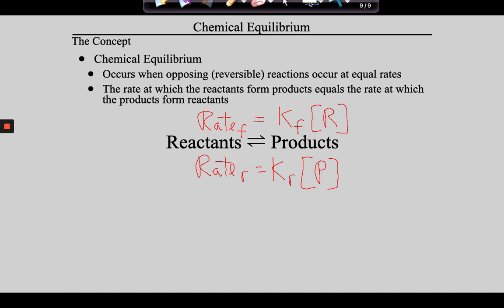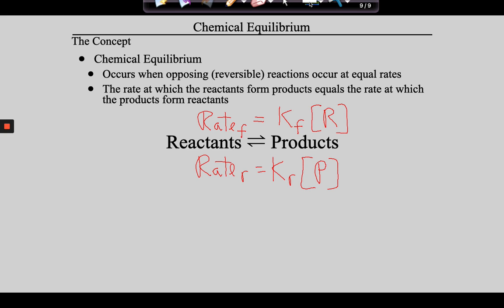For our reverse value, we have a smaller K value, but a larger concentration, and the product of this is equal. So guys, the product of this is equal to the product of that. Does that make sense? And guys, that's where we reach equilibrium.